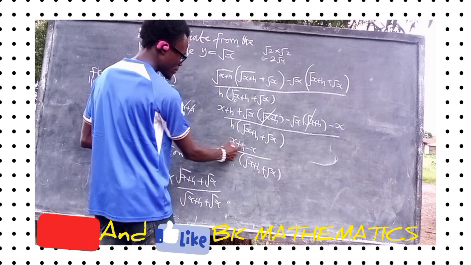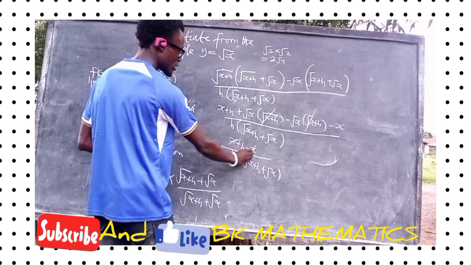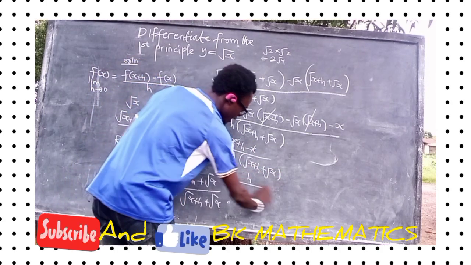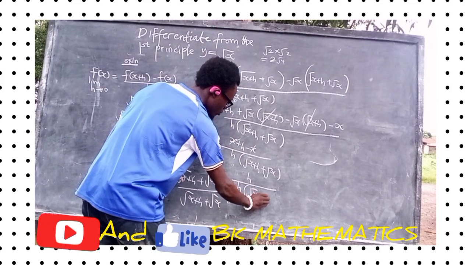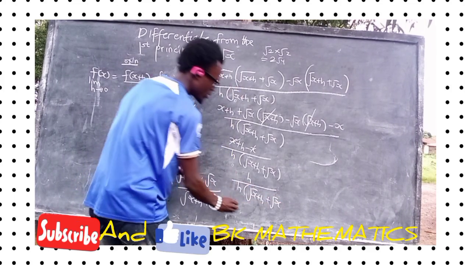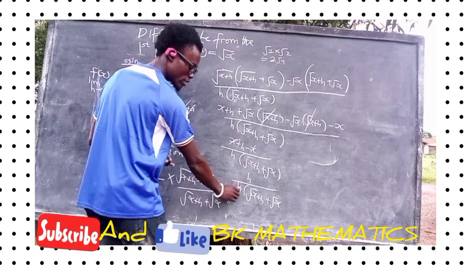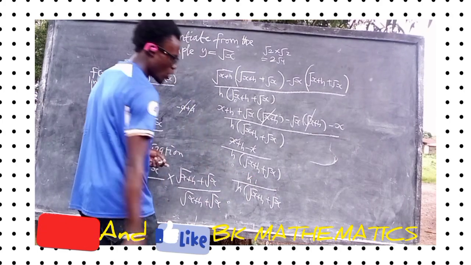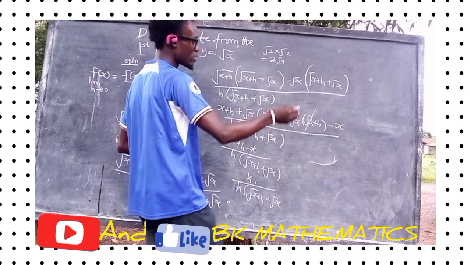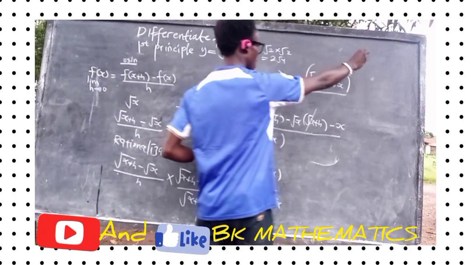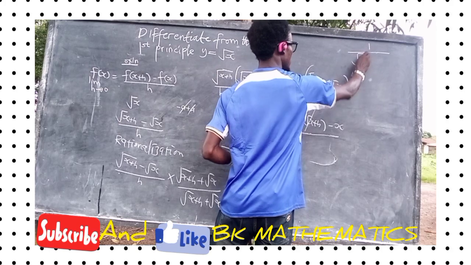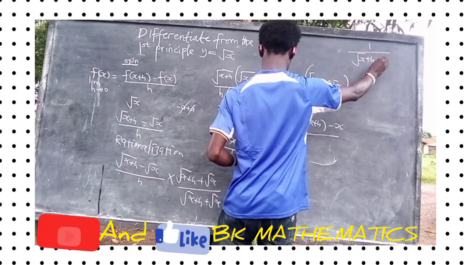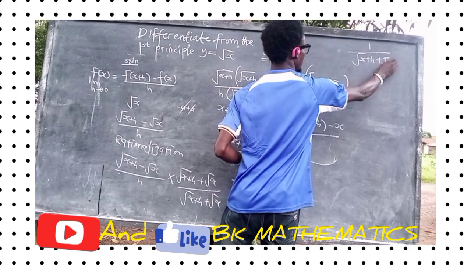Then x minus x cancels, and what remains is h divided by h into root x plus h plus root x. h divided by h is 1. So what remains is 1 divided by root x plus h plus root x.